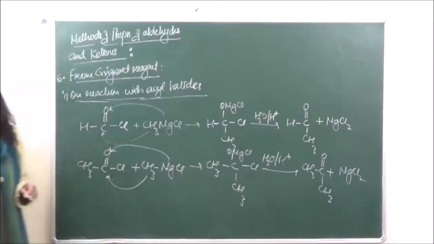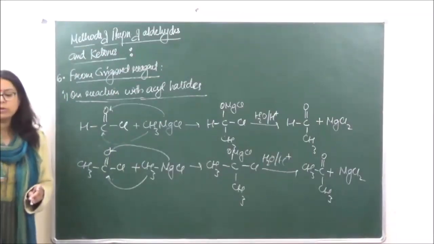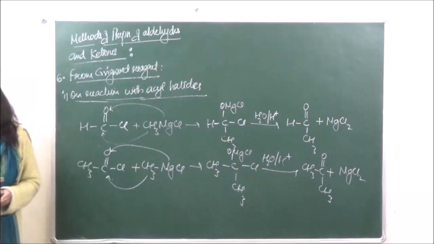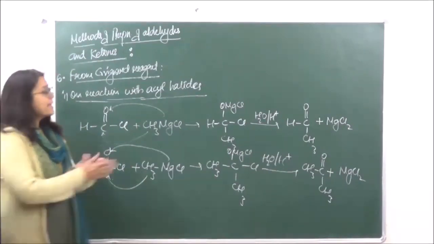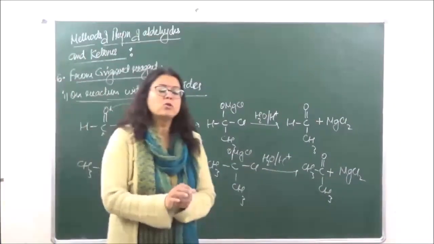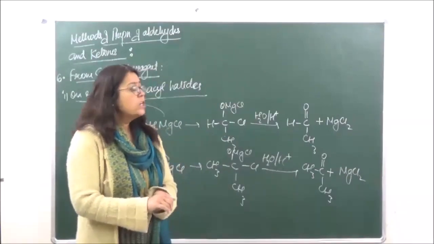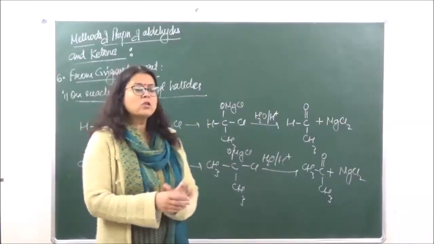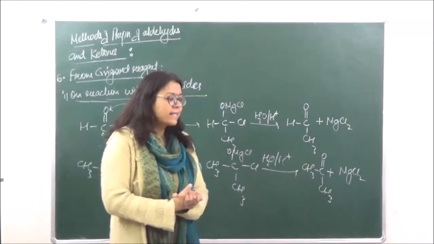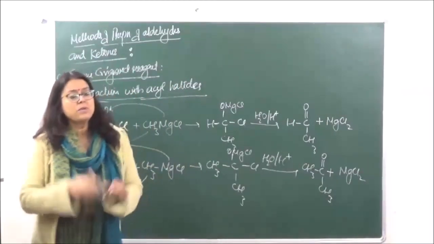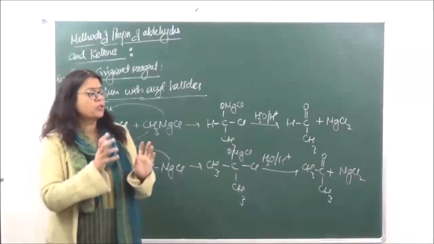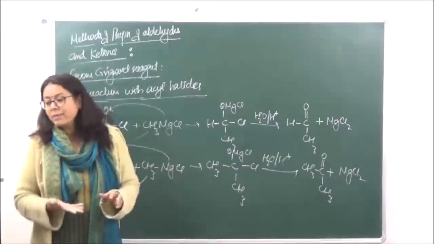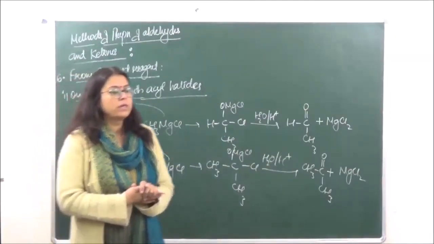So you can see that in all these reactions where we are doing the attack of various reagents on Grignard reagents, the mechanism is going to be absolutely the same. So these were certain common methods of preparations of both aldehydes and ketones. In our next lesson, we will do the methods of preparation of aldehydes only and the methods of preparation of ketones only. Okay?